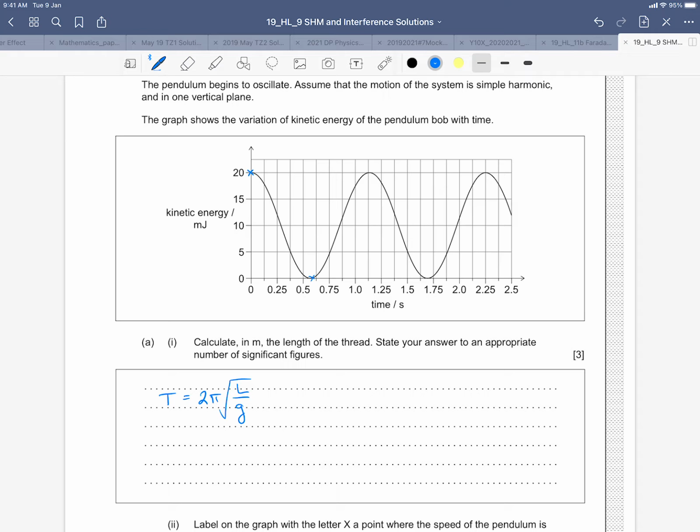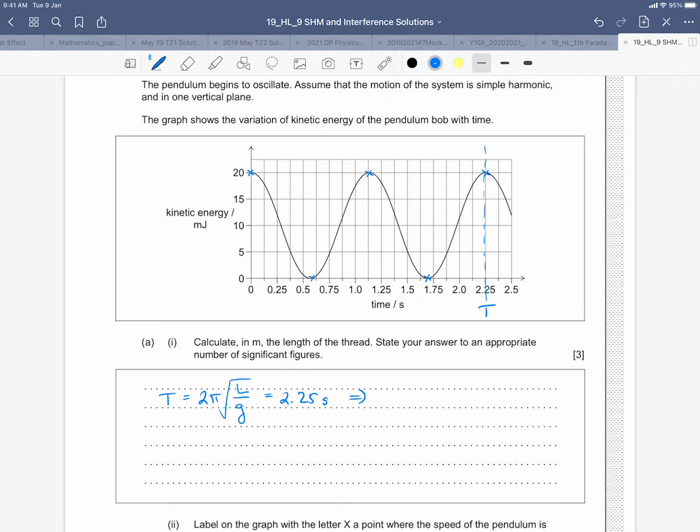Then it swings back and passes the lowest point again, and then it swings all the way over to the other side. So we haven't reached one full period yet. It's only when it then falls back and swings by the equilibrium a second time that we know one full period has been completed. Okay, so the period is 2.25 seconds.